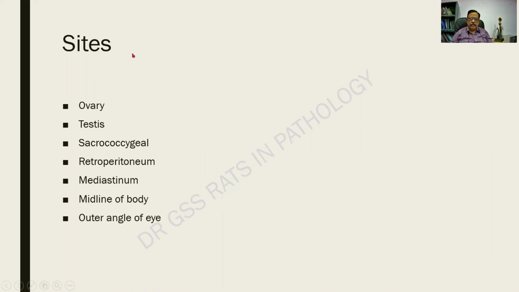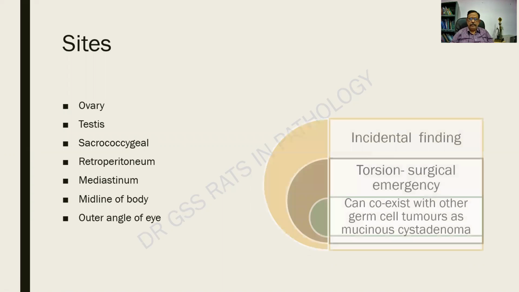And regarding the sites of teratoma, you find that there is the ovary, testis, sacrococcygeal region, retroperitoneum, mediastinum, anywhere in the midline of the body, outer angle of the eye. See the number of sites where we can have a teratoma. So you should be fluent with all this because it is a common question in pathology as well as in OBG and surgery.